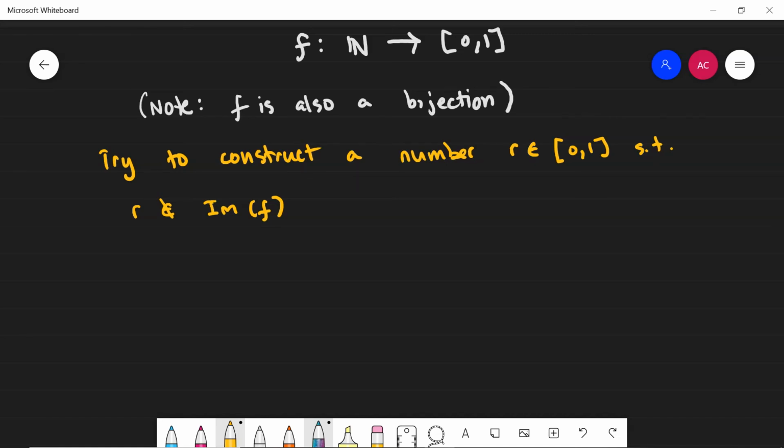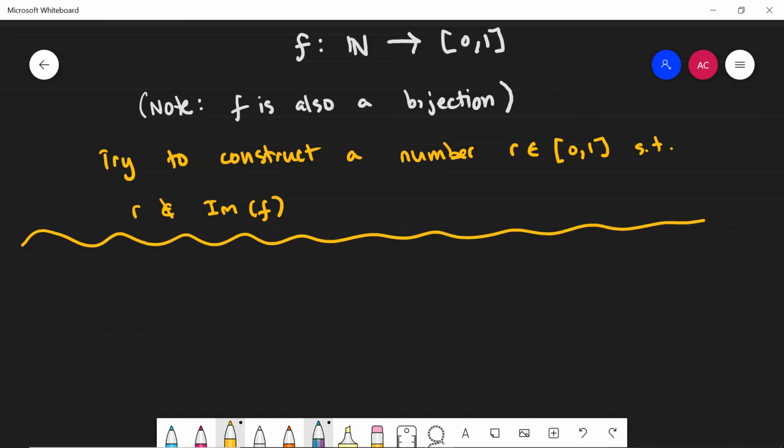Okay. So how do we do that here? Okay. So the real number r, since it's living in the interval 0, 1, is going to have a decimal representation, and that decimal representation is going to be something like 0, and then something in the tenths place, and then something in the hundredths place, etc. So 0, r1, r2, r3, and then of course r4, and then I go on forever and ever.